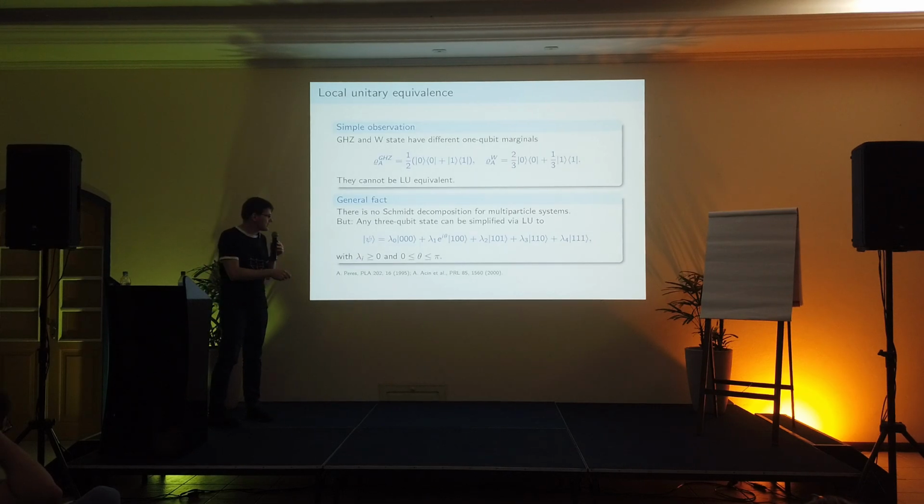So it's not unique that it has to be exactly there. And the point is there are other normal forms under local unitaries. This is not the only one, but this is the most common one. And the phase may then disappear somewhere else. But the important point is there is some complex phase, which is not the case for the bipartite case, because in the Schmidt decomposition, everything is real.